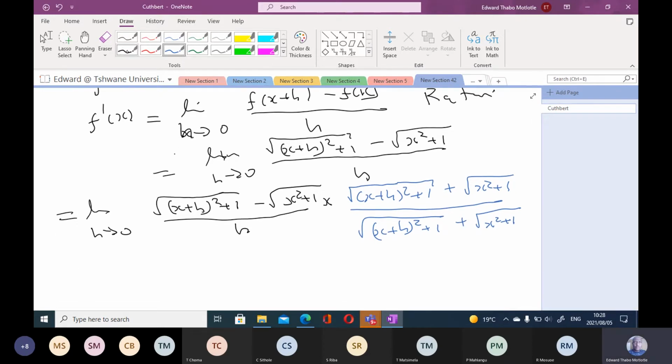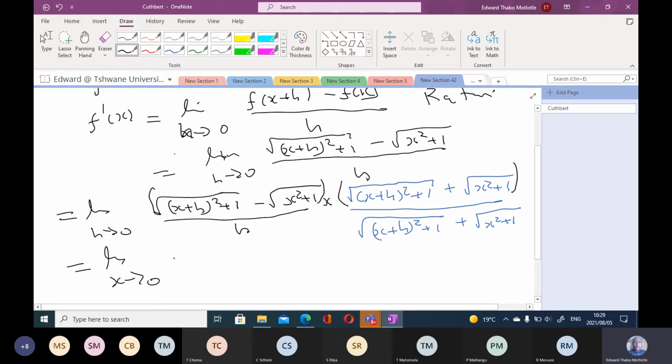So this is equal to the limit as h approaches 0. From our experience, we can see that the top one is actually the difference of two squares. So it will be the same as multiplying the first and the last terms.